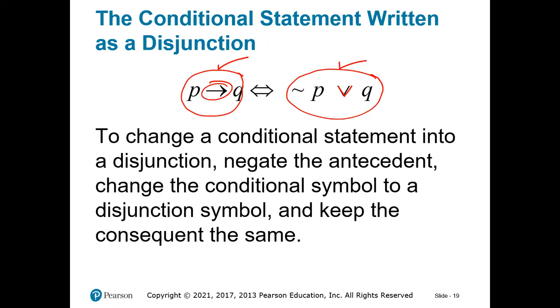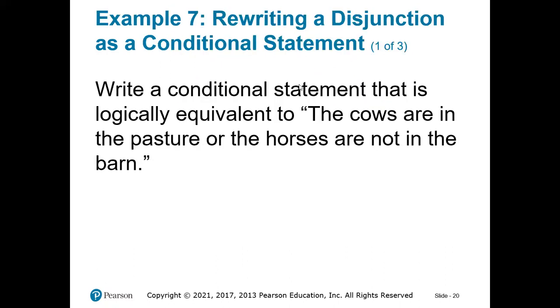This is very important. As an example, it says, write a conditional statement that is logically equivalent to the cows are in the pasture or the horses are not in the barn. The or here will be replaced by the disjunction symbol. As always, you need to symbolically represent things, and then you go from there. We have two statements.